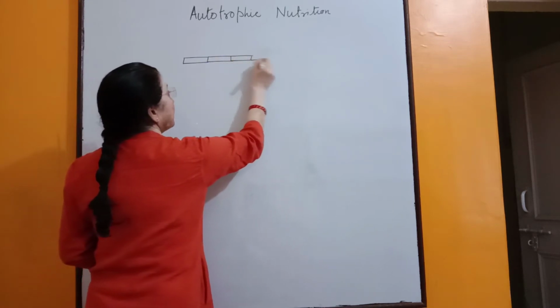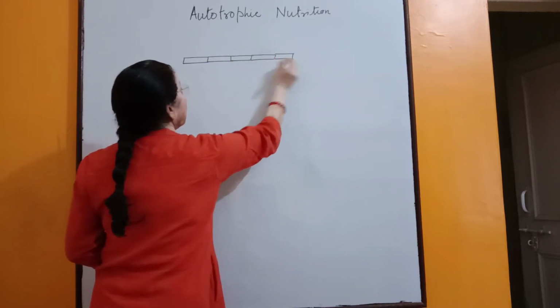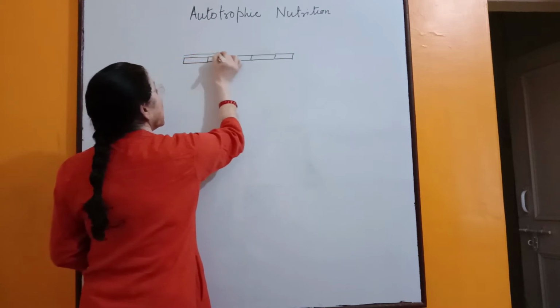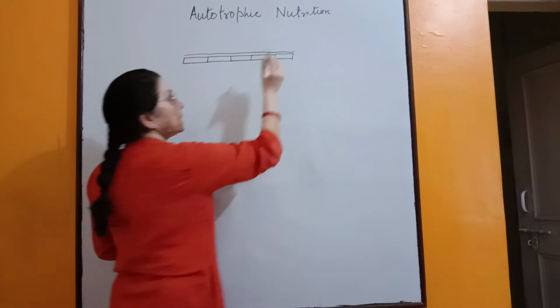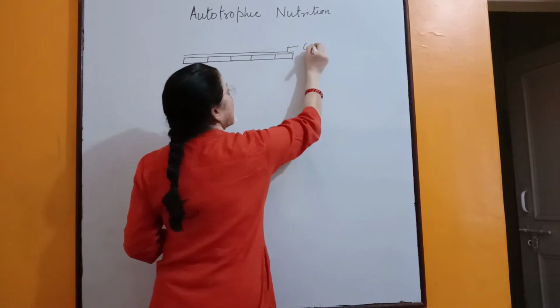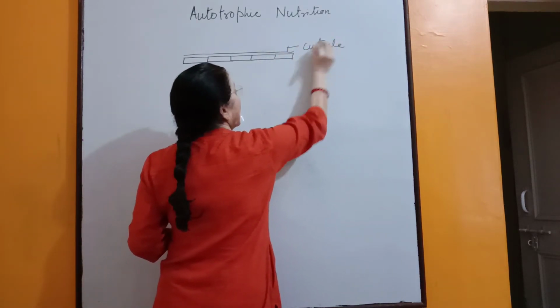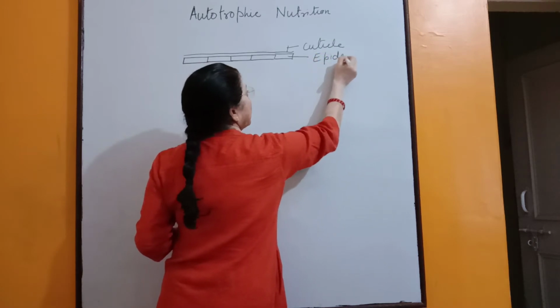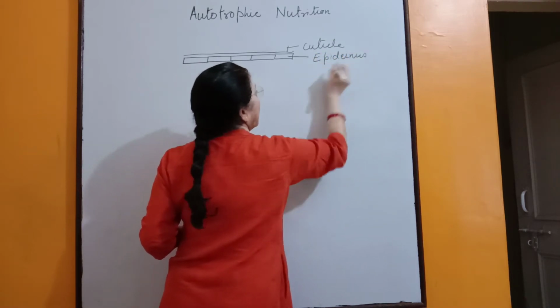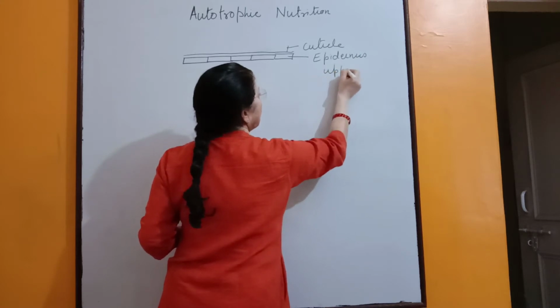The upper surface of the leaf is covered by a thick layer called the cuticle, and this is the leaf epidermis. This is the upper epidermis that I have drawn.